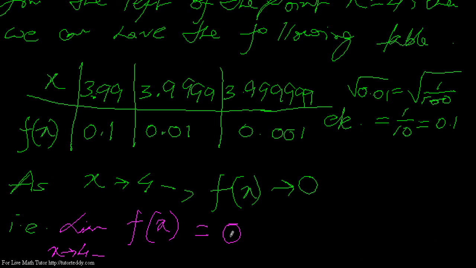That means the limit of f(x) is equal to 0, or f(4 minus 0) equals 0. Now this part, approaching from the left hand side, we have seen how it comes. Now we have to see what happens when we move from the right hand side, that is, x approaching 4 from the right hand side.